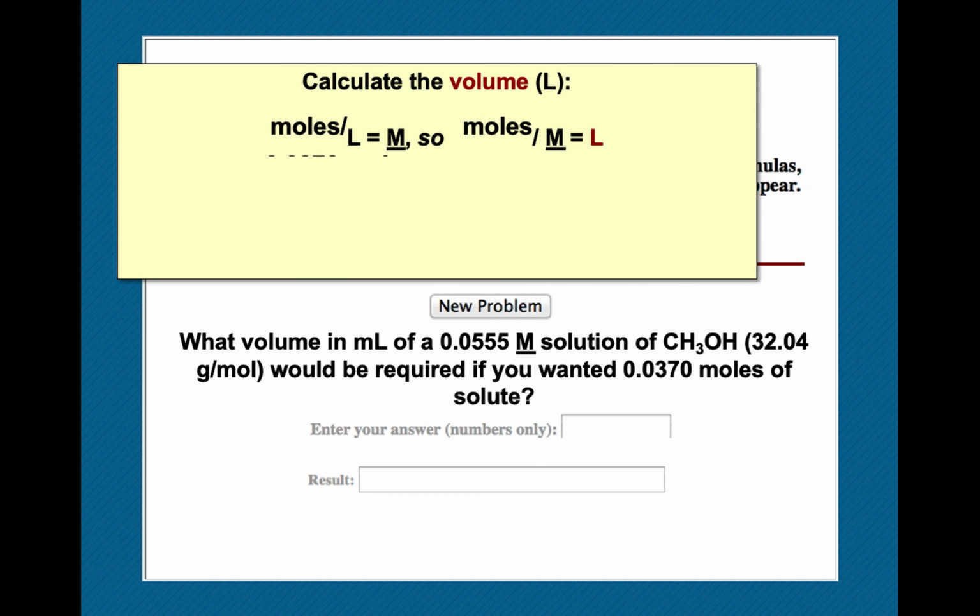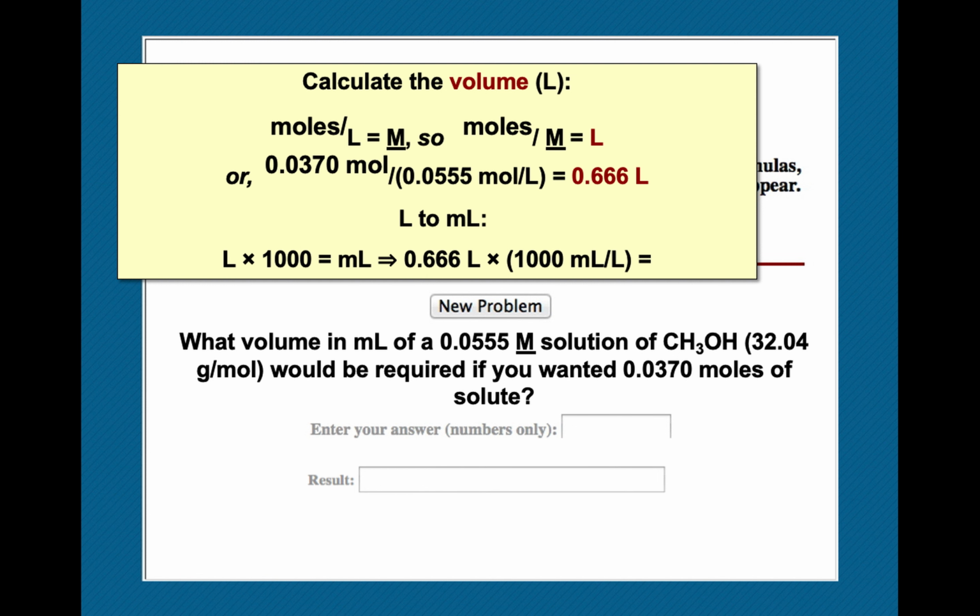Molarity is moles divided by liters. Liters is going to be moles divided by molarity. Substitute in. 0.666 liters. Remember the problem asked for this in milliliters. Do this, 666 milliliters. This looks the same way on Blackboard.